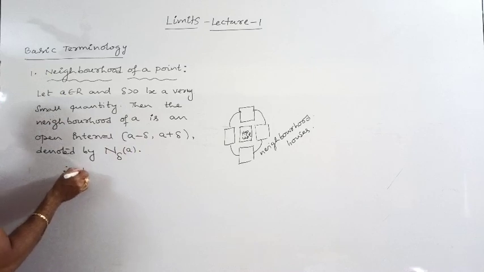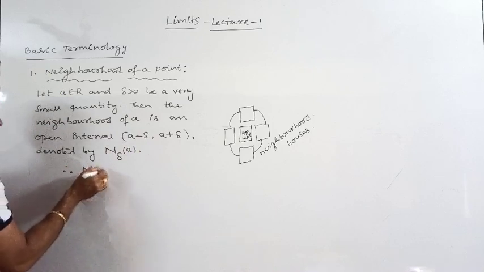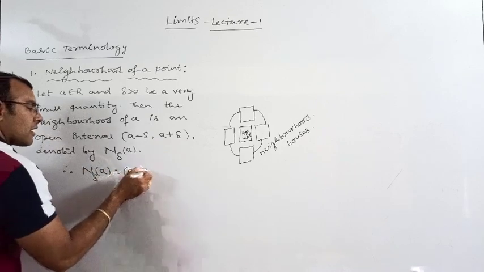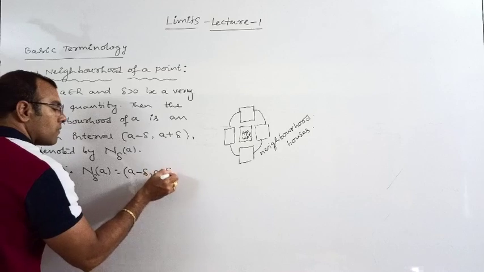Therefore, the neighborhood of a equals a minus delta comma a plus delta.